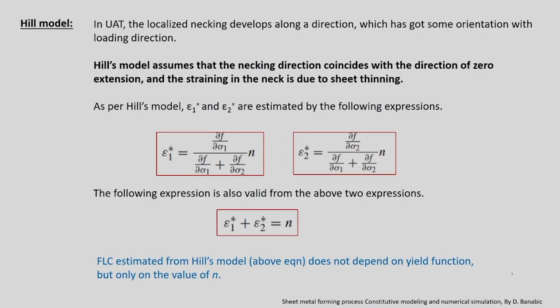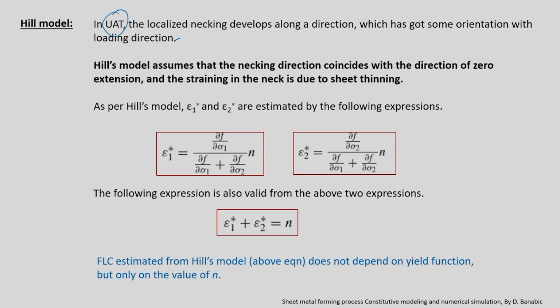Okay, and this Hill's model is going to assume something which we already discussed. In the uniaxial tension test, we have also proved that the localized necking develops along a direction which has some orientation with the loading direction. We discussed that when we tried to prove that in biaxial stretching there is no definite theta, and that is why necking is not rapid; rather, something delays the necking process.